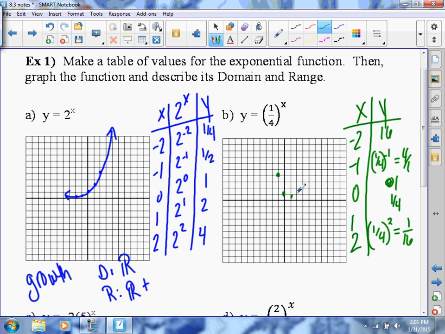Oh my goodness, that's going to be really close to the line. So even though we don't have -2, 16 on the graph, we know it's way up here somewhere. So then we would come down and connect all of these points. And there's your graph.